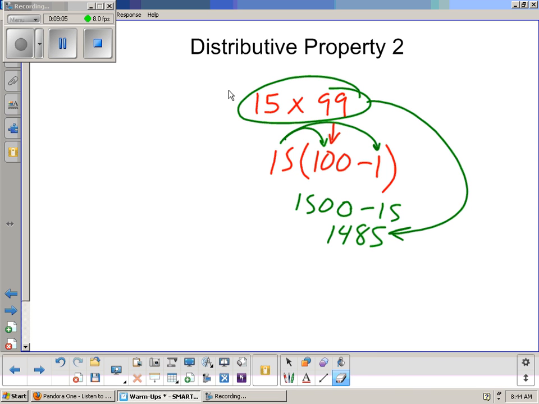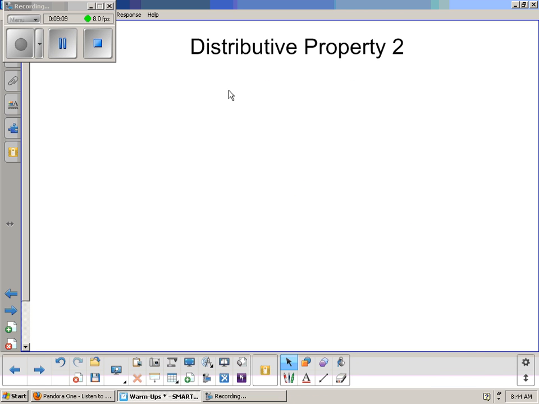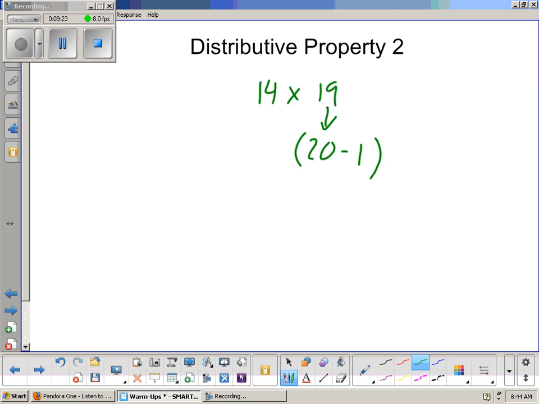I'll give us another example. Hopefully I haven't worked through this problem, but if you have 14 times 19, all right? You can treat 19 as 20 minus 1, okay? And 14's here.